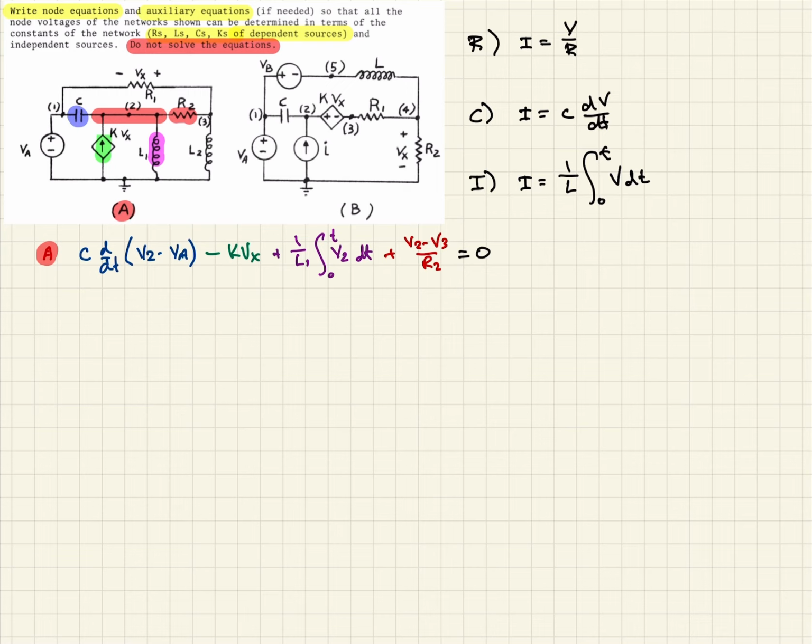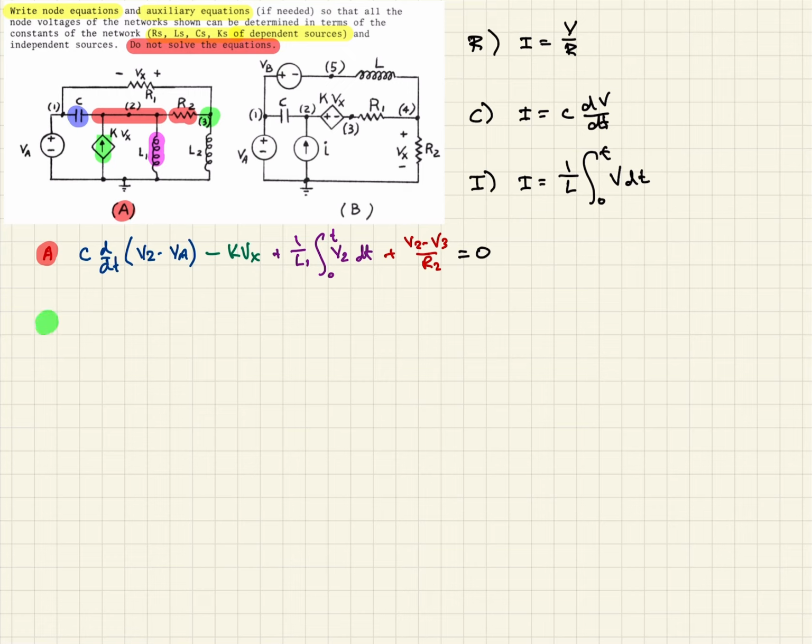In order to solve this, we don't have quite enough information, so we need to keep going. Now we need to go to node 3, this node here. Let's do the summation of all the currents going in and out of there.